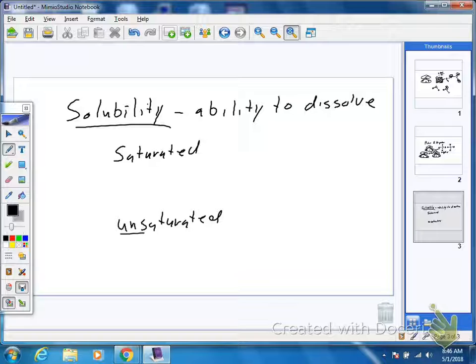And most of you have just a basic understanding of saturated and unsaturated already, and kind of know the differences between the two. Okay? So when you look at those two, for example, saturated is a solution that contains the maximum amount of solute.